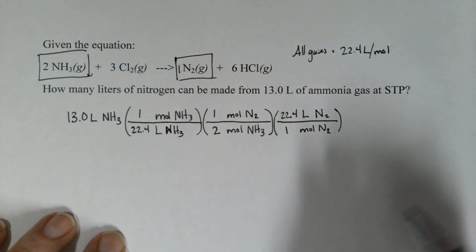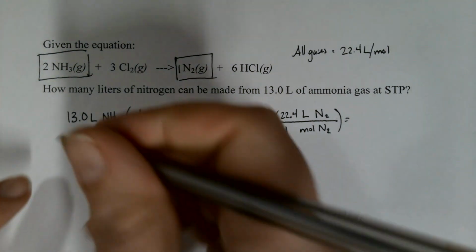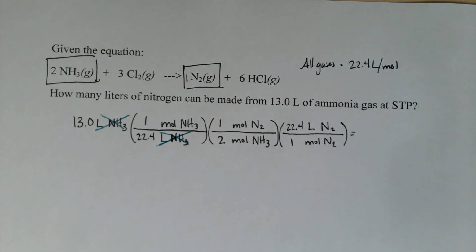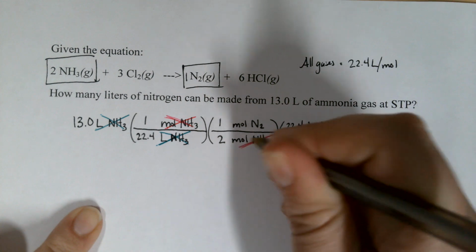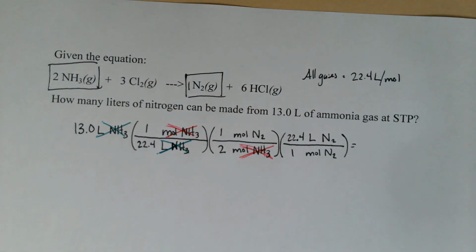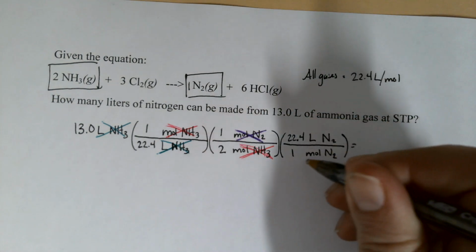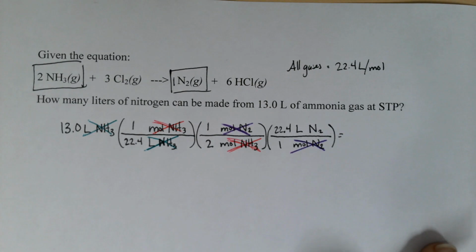So, in order to convert this, let's make sure that all the units cancel. Here's your liters of NH3, canceling. Here's your moles of NH3, canceling. Here's your moles of N2, canceling, leaving us with liters of N2, which is what we want, liters of nitrogen.